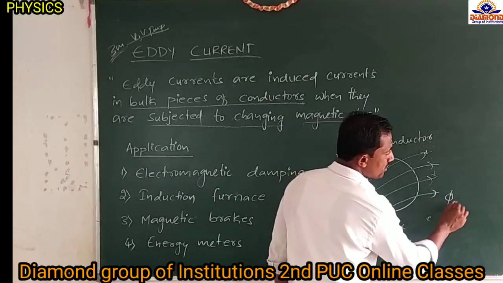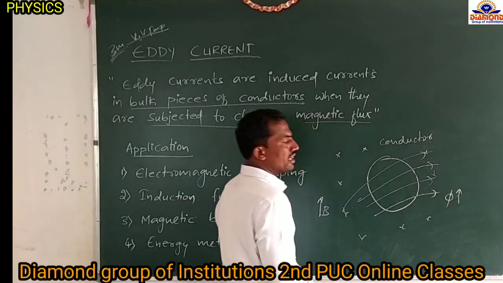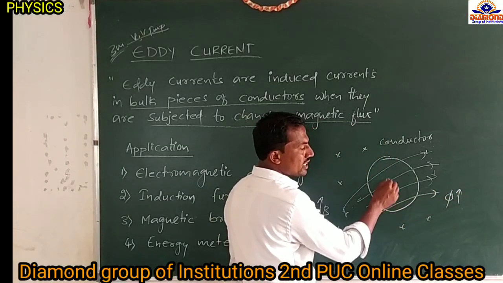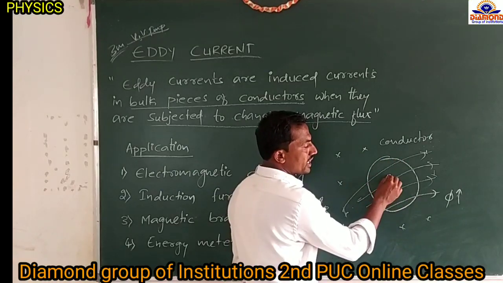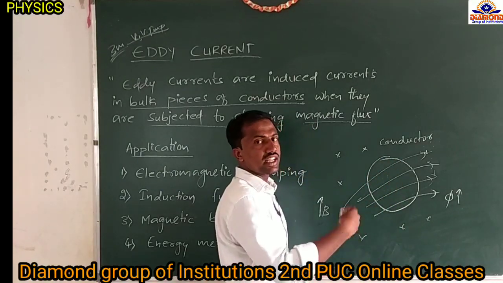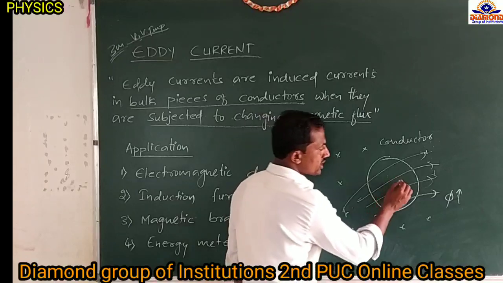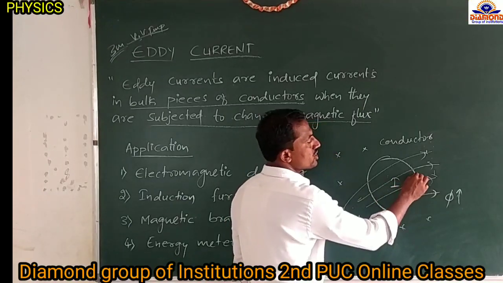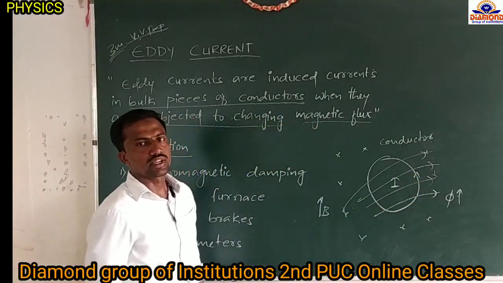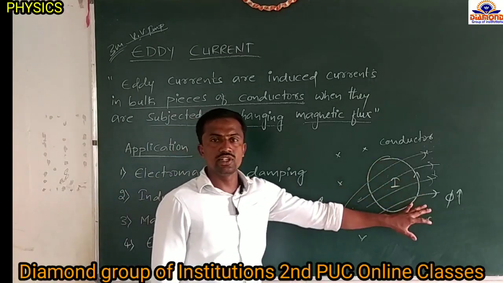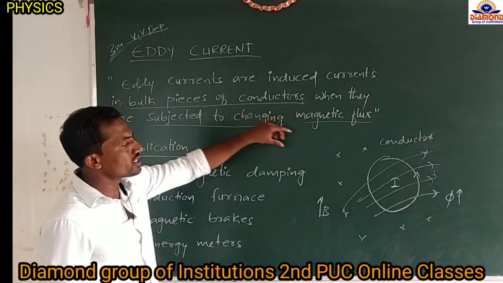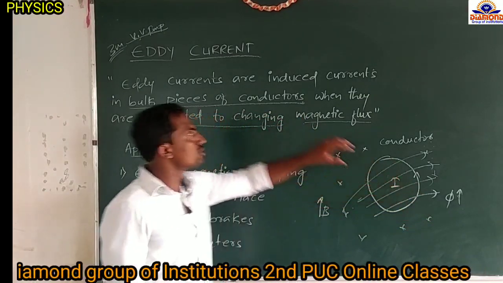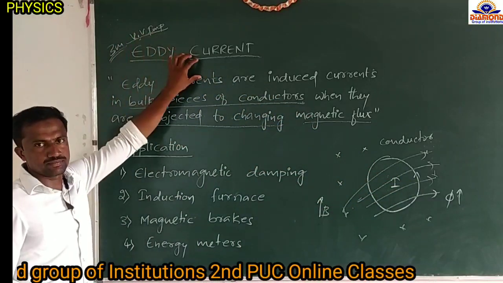Then the magnetic flux value also changes. Whenever the magnetic flux linked with the circuit changes, current is generated or EMF is induced. This current is called induced current, also called eddy current.